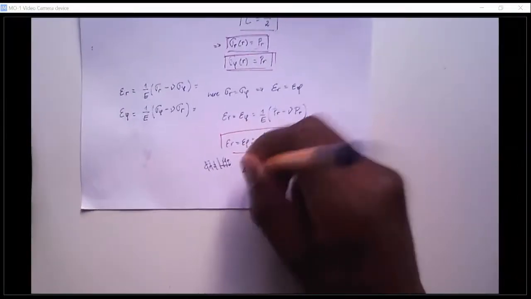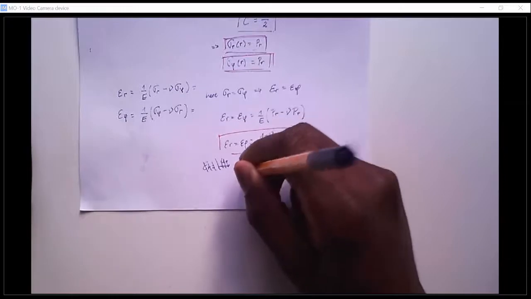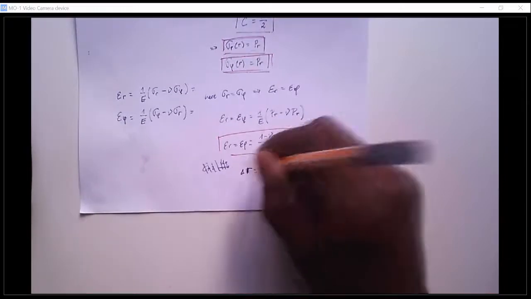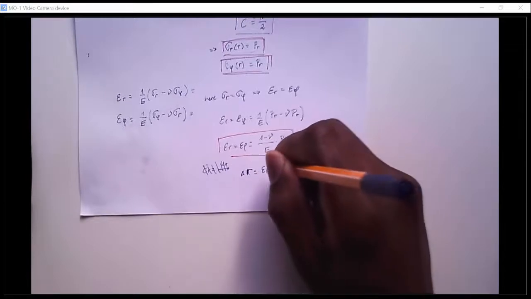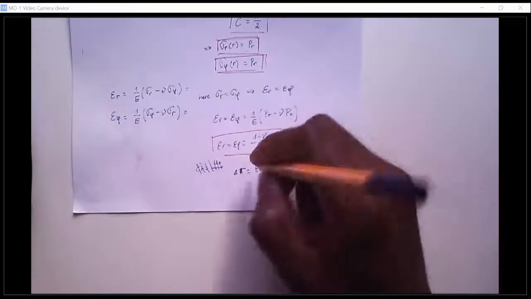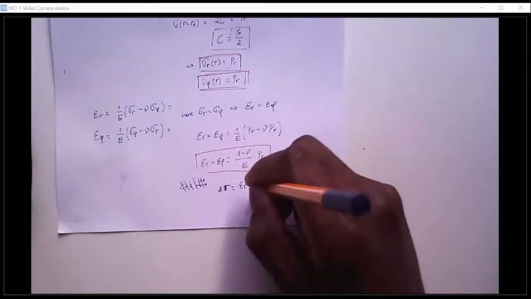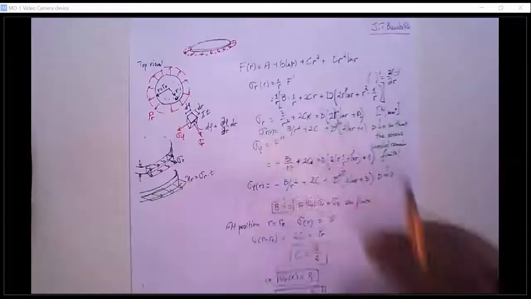So U or delta, how do they call it? Delta R would be epsilon R times A. Times the radius, we call it here in our case R O, like the outer radius. And it would be, let me close the book first.